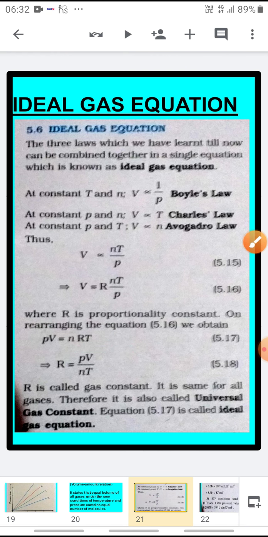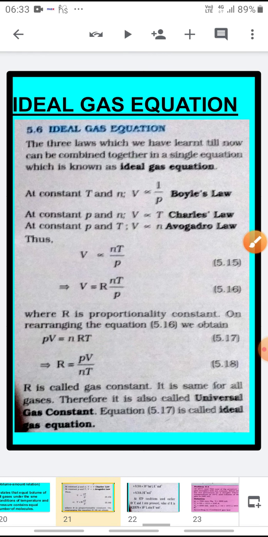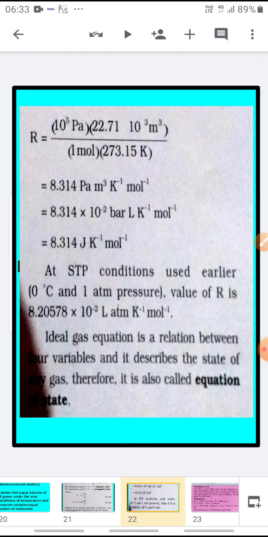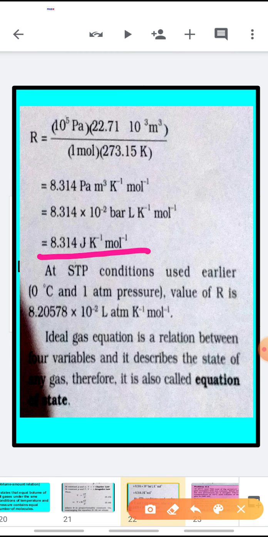Now coming to the gas constant R, its value is 8.314 joule per Kelvin per mole. At standard temperature and pressure, that is 0 degree Celsius and 1 atm pressure, the value of R becomes 8.2 into 10 raised to power minus 2 liter atm per mole per Kelvin.